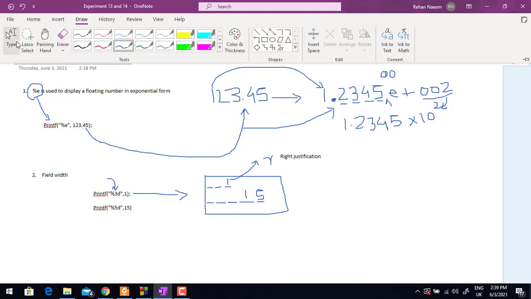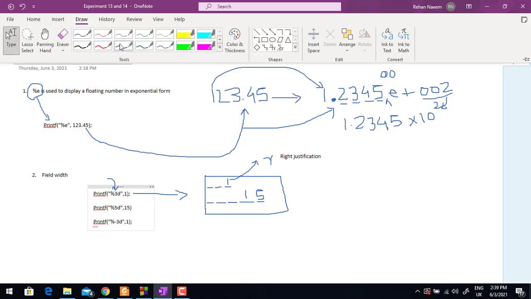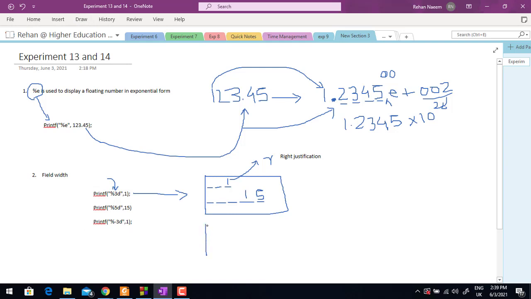Okay, if I write printf percentage minus 3d, 1, now what will happen? Three spaces will be allocated, 1, 2, 3. 3 spaces will be allocated to display 1.